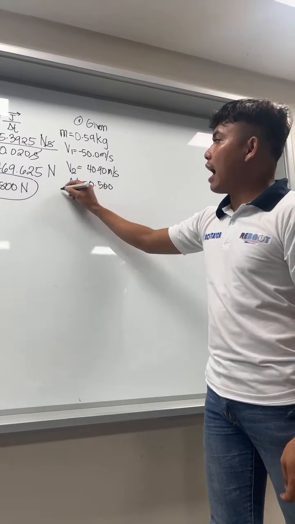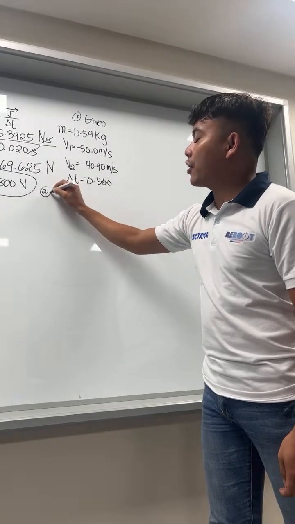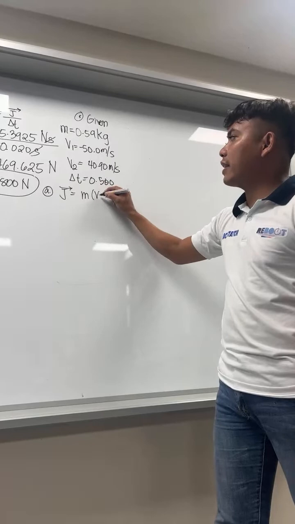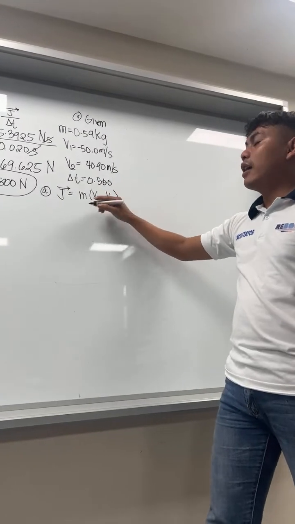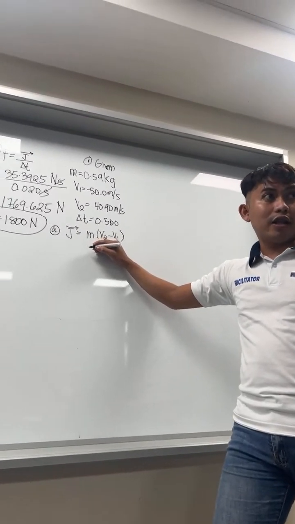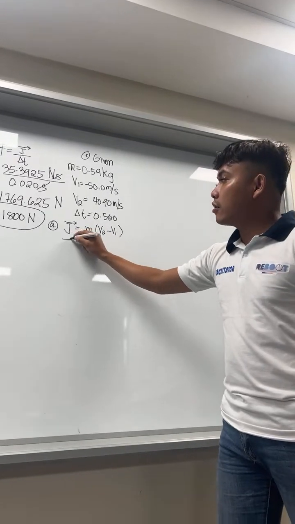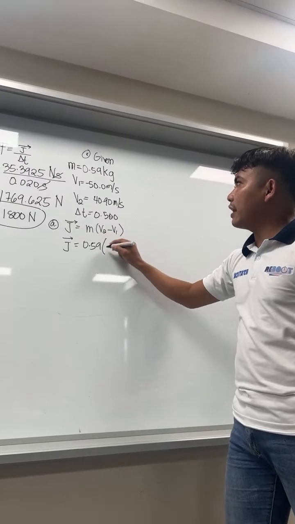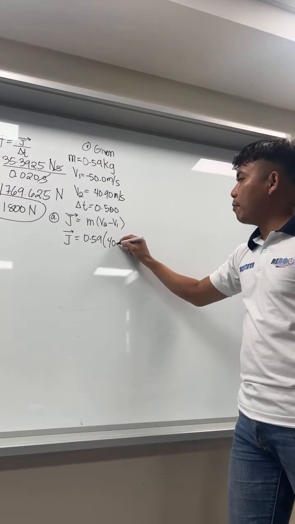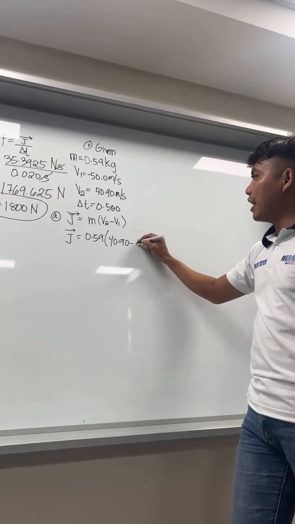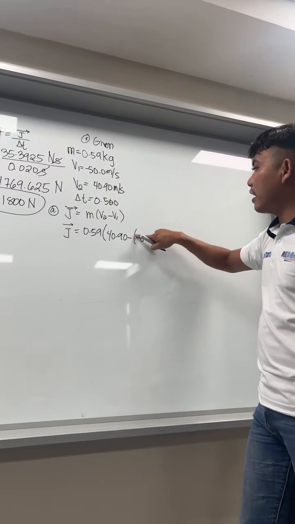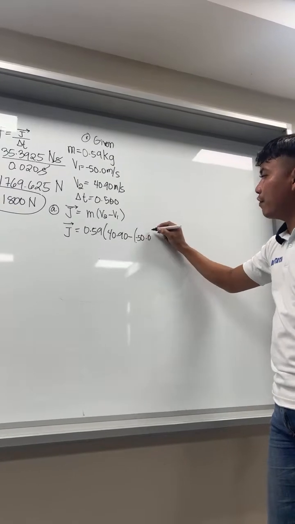So, the formula, so let's solve for letter A first. Mass times final velocity minus initial velocity. So, substitute lang po natin 0.59 times 40.90 minus negative 50. Sorry, I forgot the negative sign. Minus negative 50.